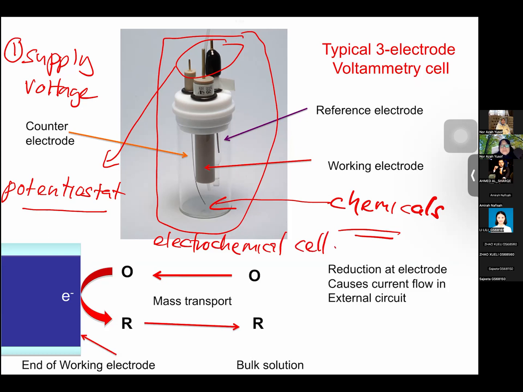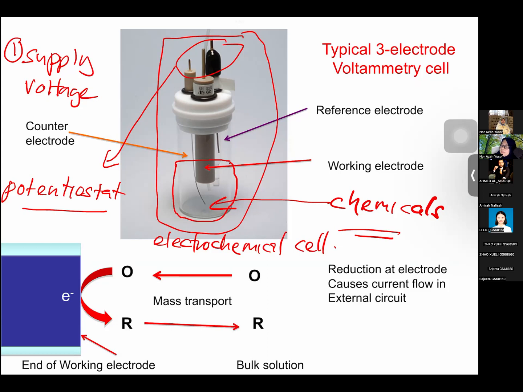So in here, we can put all the chemicals, of course, in solution form. From there, if we supply voltage, then there is a possibility of chemical reaction to happen if the voltage is enough. Okay, so before we proceed to that, this is the basic structure.